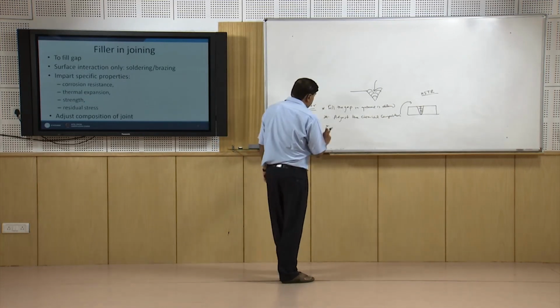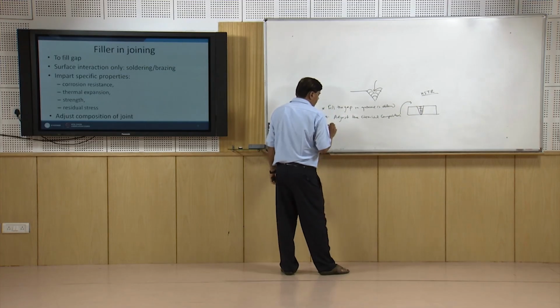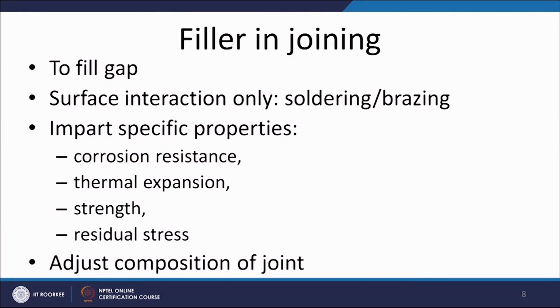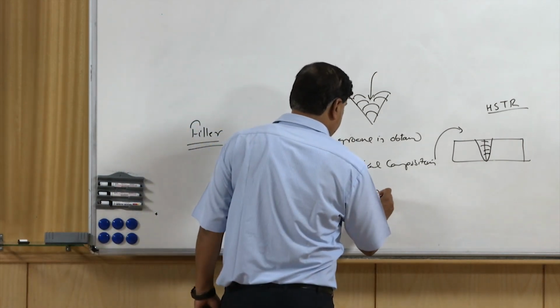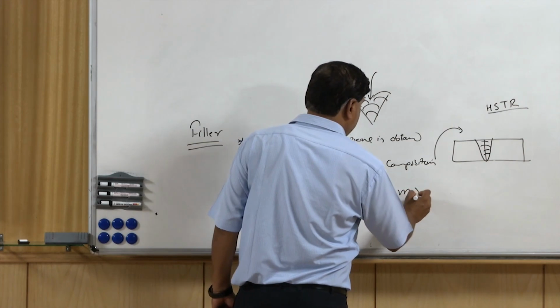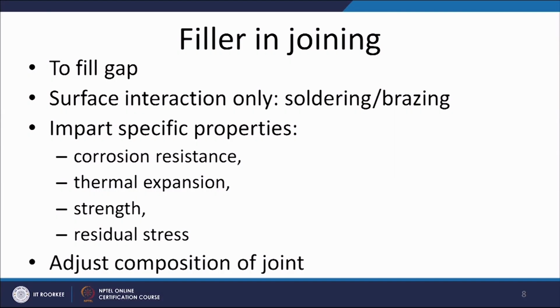And then it is also used for achieving specific properties in the weld. The filler can be of a different composition than the base for having very good corrosion resistance, or sometimes the filler metal is selected intentionally with the lowest strength and high ductility, so that the residual stress magnitude can be reduced.